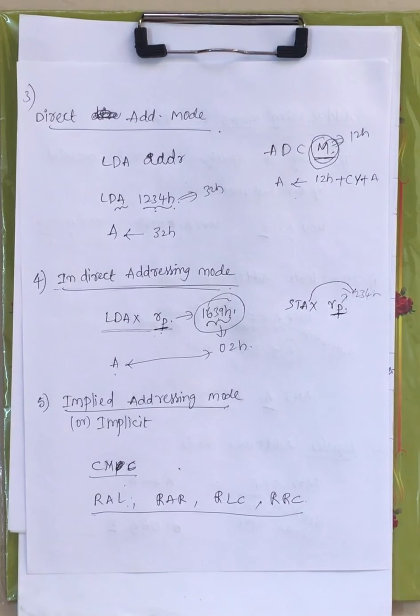Whether the source operand is immediate data, a register, a memory location, a memory location pointed to by a register pair, or there is no source or destination operand. Now this is about the addressing modes of 8085.